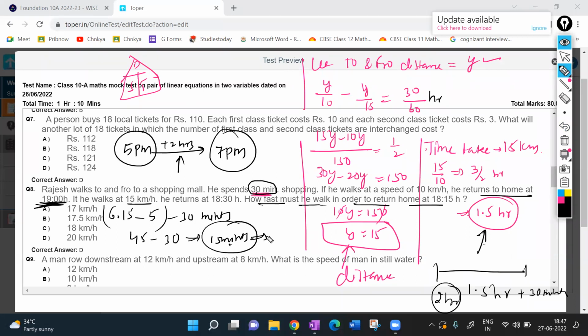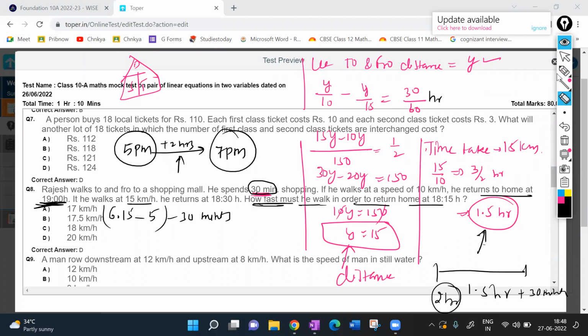Sir, 15 minutes means 3 by 4 hour? No, see, 1 hour 15 minutes minus 30 minutes. 1 hour 15 minutes means how much? 75 minutes.